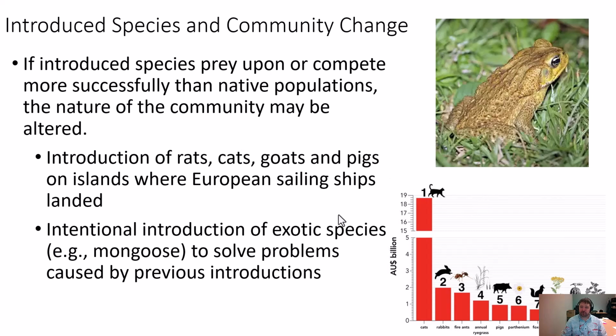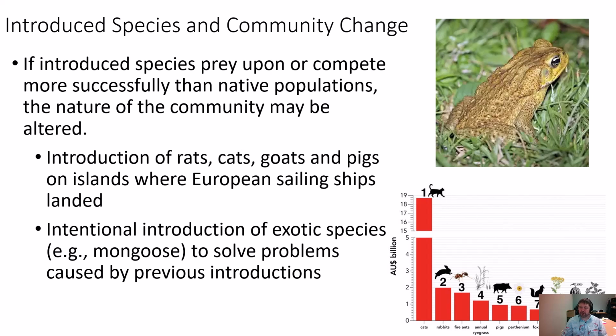Cats are by far, in Australia, the most prevalent and most damaging introduced species.